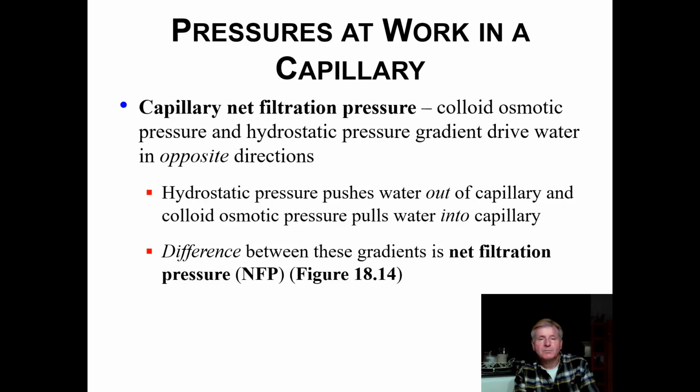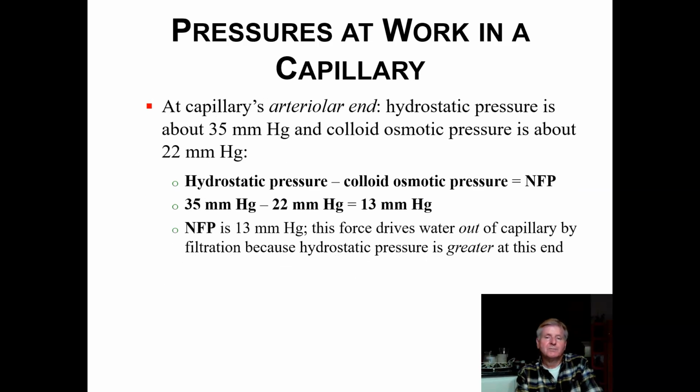So your capillary net filtration pressure is the colloid osmotic pressure and your hydrostatic pressure gradient driving water in opposite directions. Your hydrostatic pressure pushes water out of the capillary. Colloid osmotic pressure pulls water into the capillary. The difference between those two pressure gradients is the net filtration pressure. So you take your hydrostatic pressure of 35, subtract the colloid osmotic pressure of 22, and you get 13.